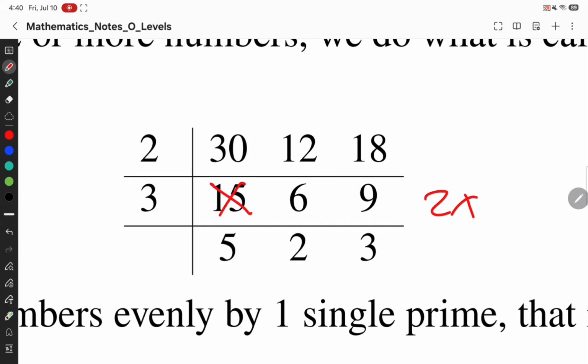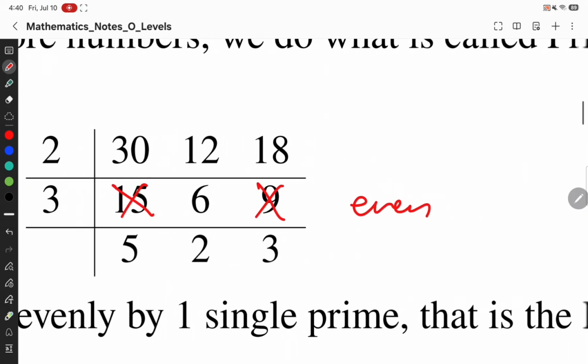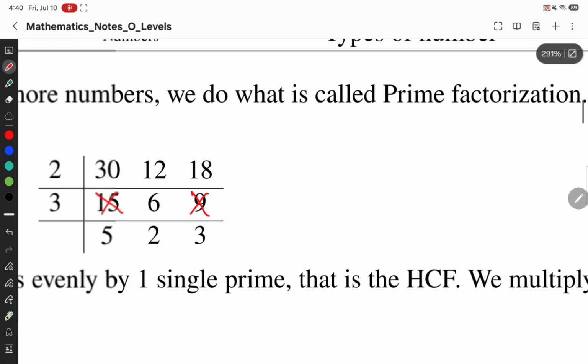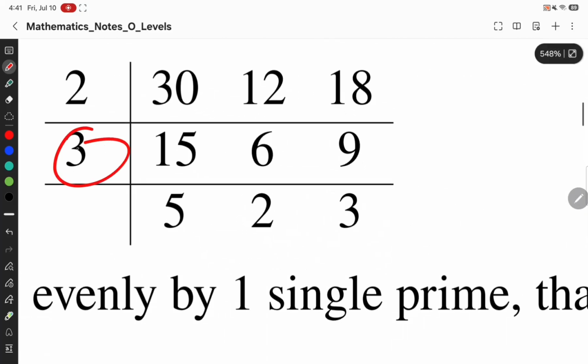Why? These 2 are not even. It needs to be even to be divisible by 2. Divisibility rules, I will do at the end of the video, don't worry. So 3 divides all 3, this becomes 5, this becomes 2, this becomes 9.